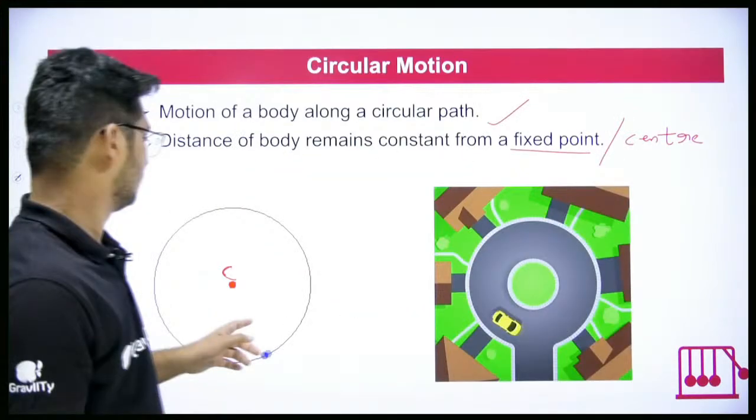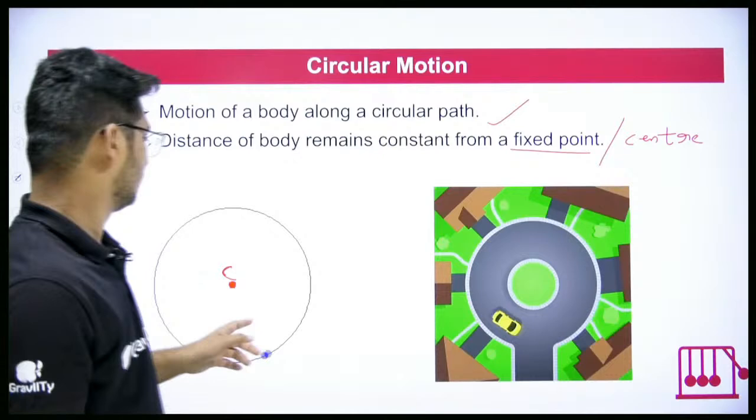That is circular motion. You can clearly see a circle traveling along a circular path. Okay. And it is also a type of translation. Circular motion is also a special case of translational motion.